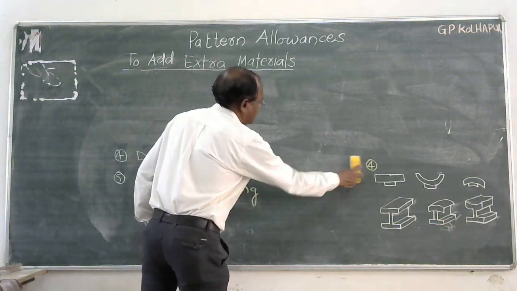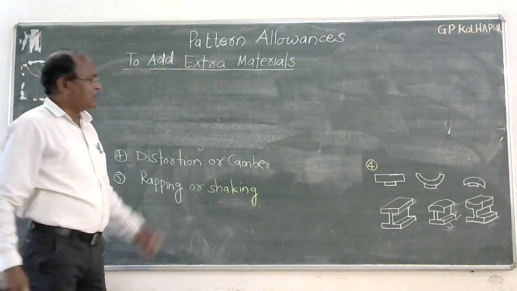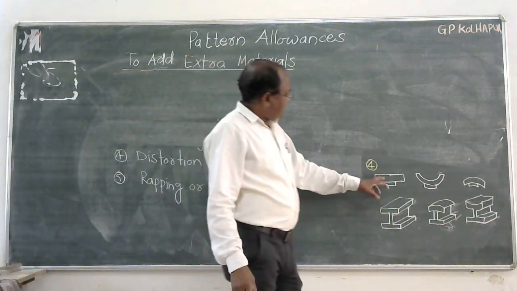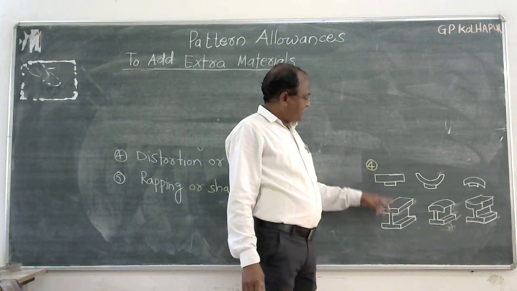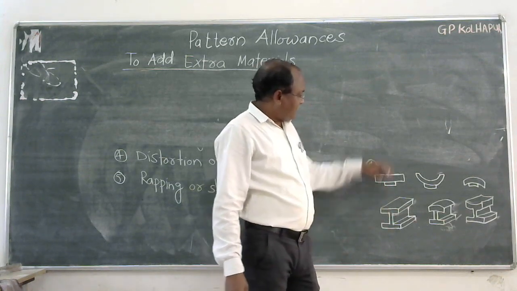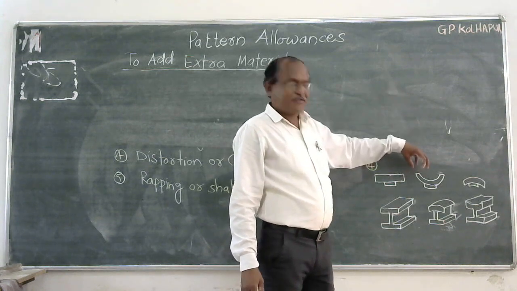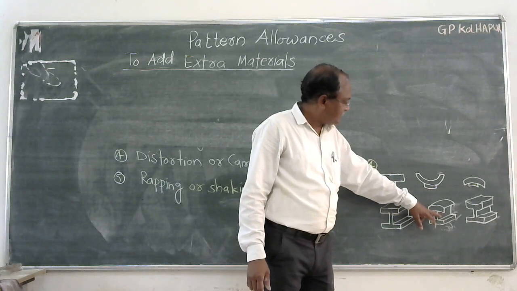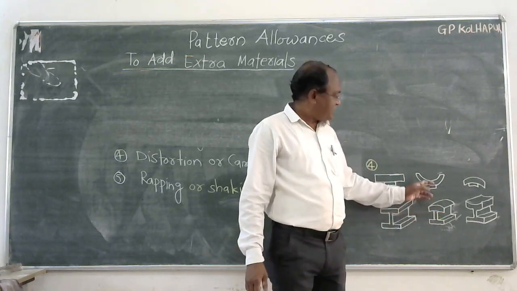Now, fourth one is distortion or camber. Distortion or camber means the shape of the cast product is like this at the beginning. But by pouring the molten metal inside the mold cavity, if you are obtaining such a type of cast product, it means it changes.